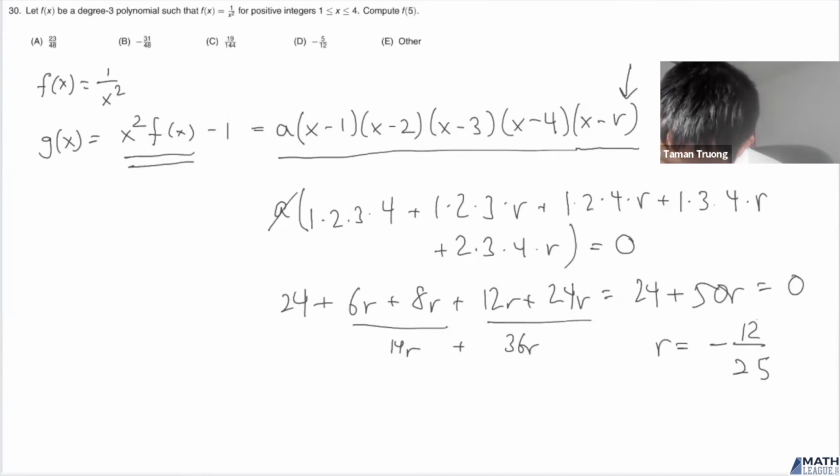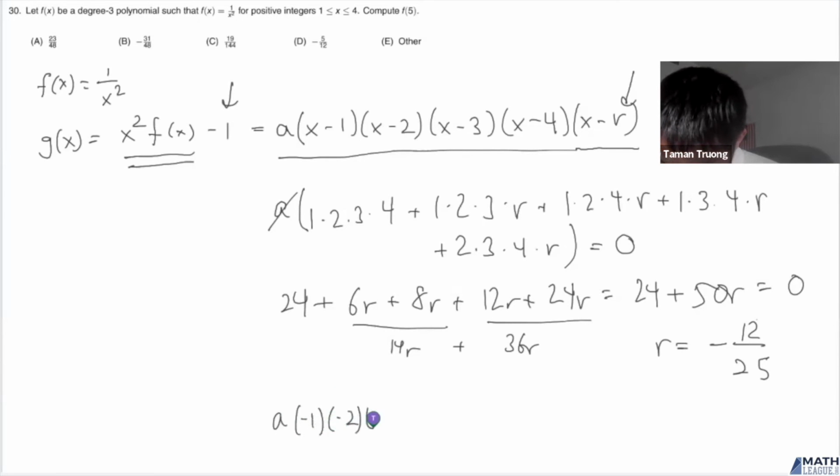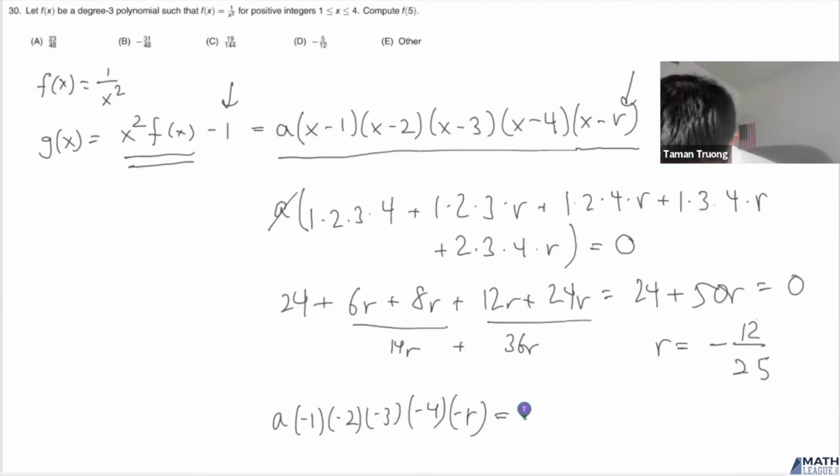Note that also our constant term, negative 1, is equal to the product of the constant term on the other side as well. That's just a times negative 1 times negative 2 times negative 3 times negative 4 times negative r. There are 5 negatives, so it's still negative. 24ar, that is negative 1.